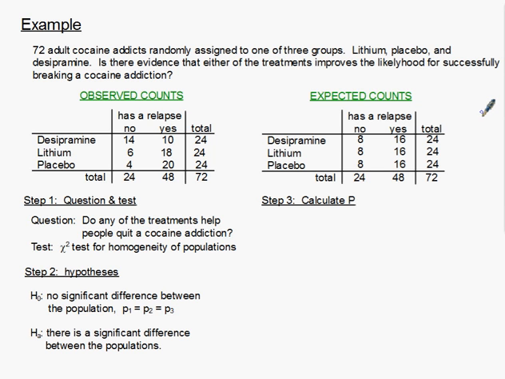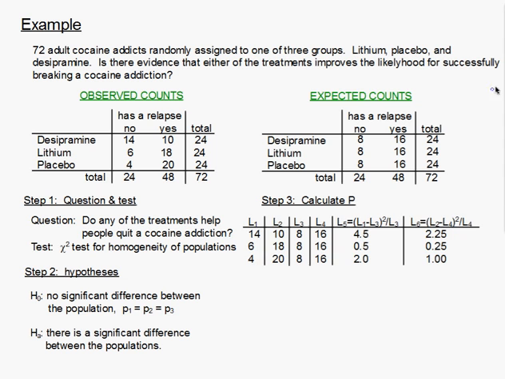Now we get to calculate our probability. We, of course, need to calculate the chi-squared. Here is our formula. Now we have a two-way table. So what I did is I put in our observed counts here and our expected counts here.